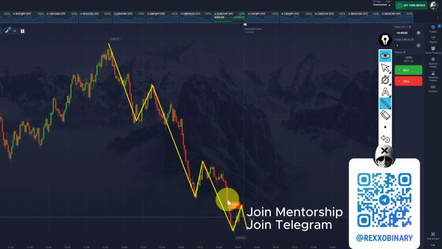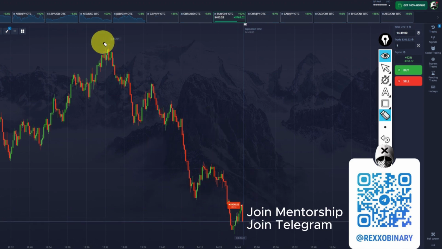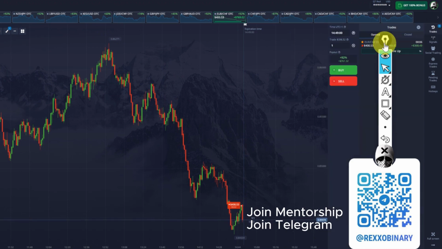If you watch closely, there seems to be a supply zone here. You can see the market tapped on that supply zone, and I went in for the trade. Just by understanding basic price action, you will be able to trade the financial market. It's very simple.